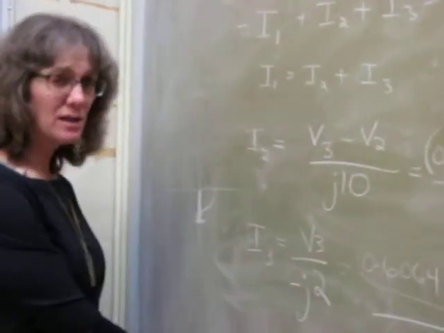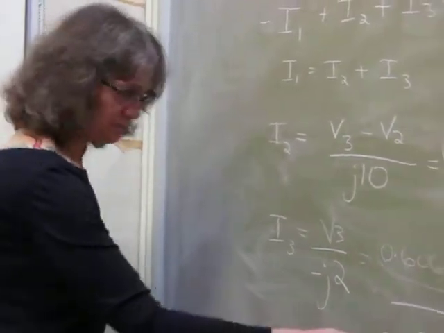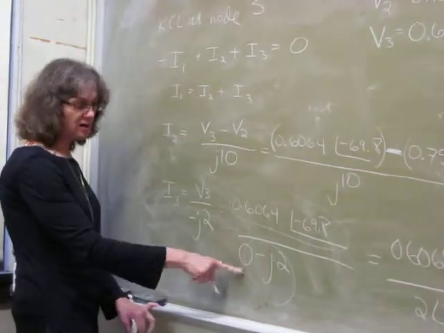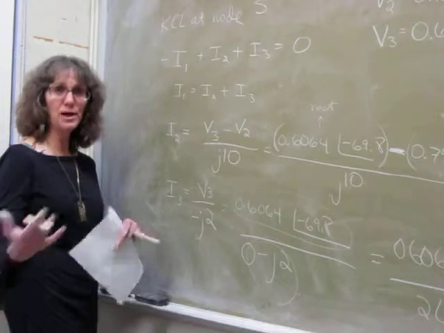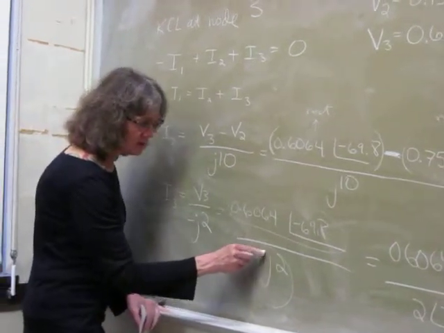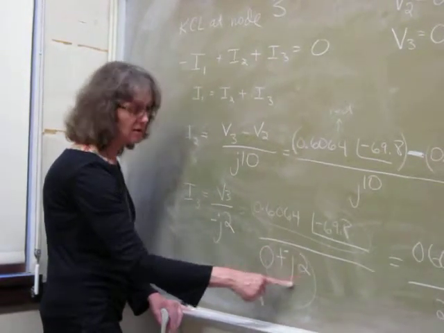But a more analytical way of doing it, if you don't have this picture in your head, is to add the 0 here, because any complex number really is a real part plus an imaginary part. So in this case, the real part is 0, the imaginary part is minus 2 times j.